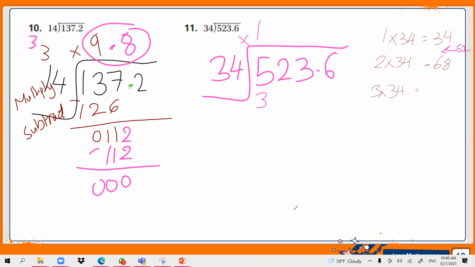So then 1 times 4 and 1 times 3, 3. Continue. Then you have to what? After multiply, what do you have to do? After multiply, you have to subtract. So here it will be what? 12.